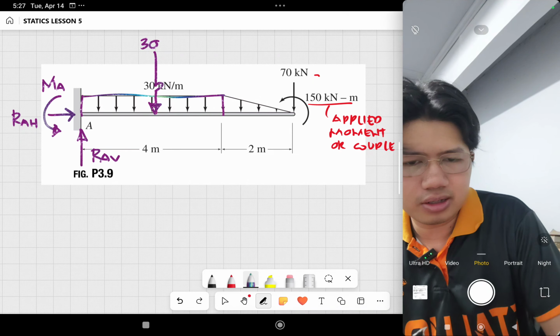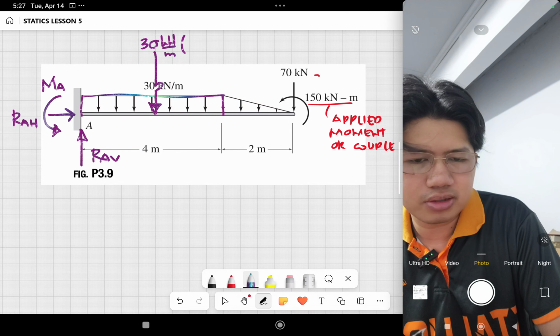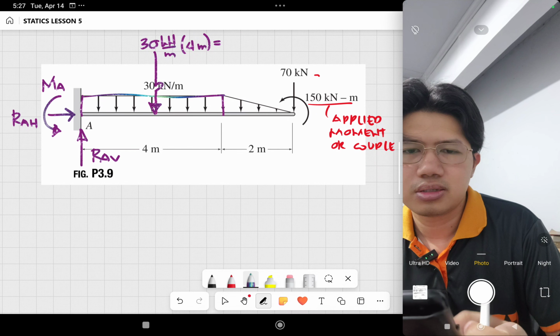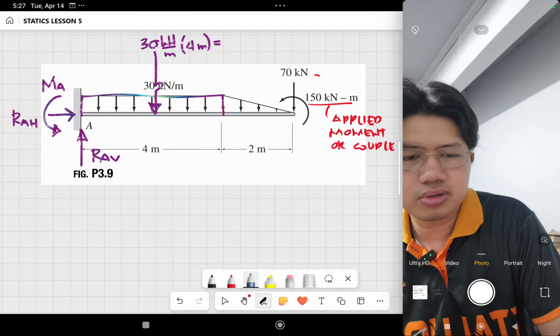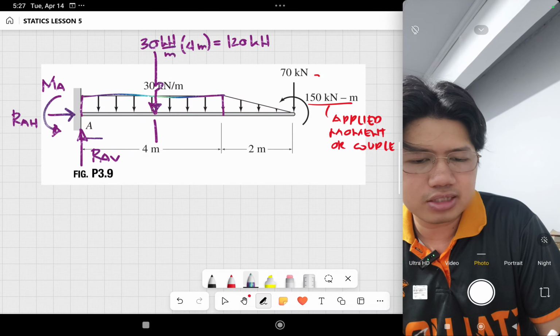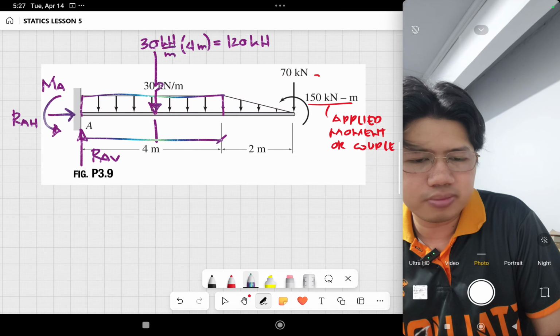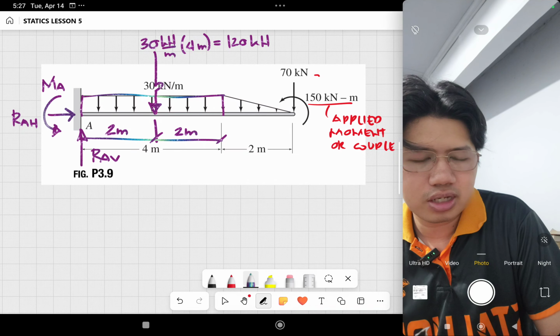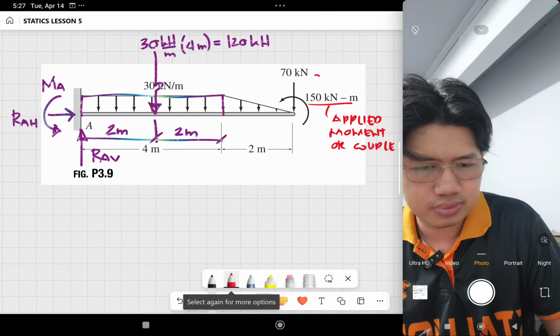Let me put the units. 30 kilonewton per meter times 4 meters. So that is 120 kilonewton. So ito is nasa gitna ng distribution. So kung 4 meters yun, this one is 2 meters and this one is 2 meters.